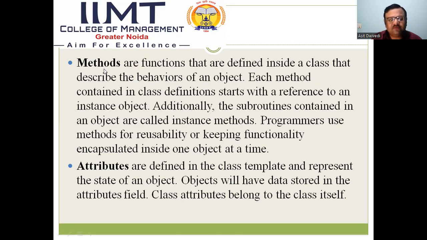In the structure, next is methods. Methods are functions. What are methods? Methods are functions that are defined inside a class that describe the behaviors of an object. Each method contained in class definitions starts with a reference to an instance object.